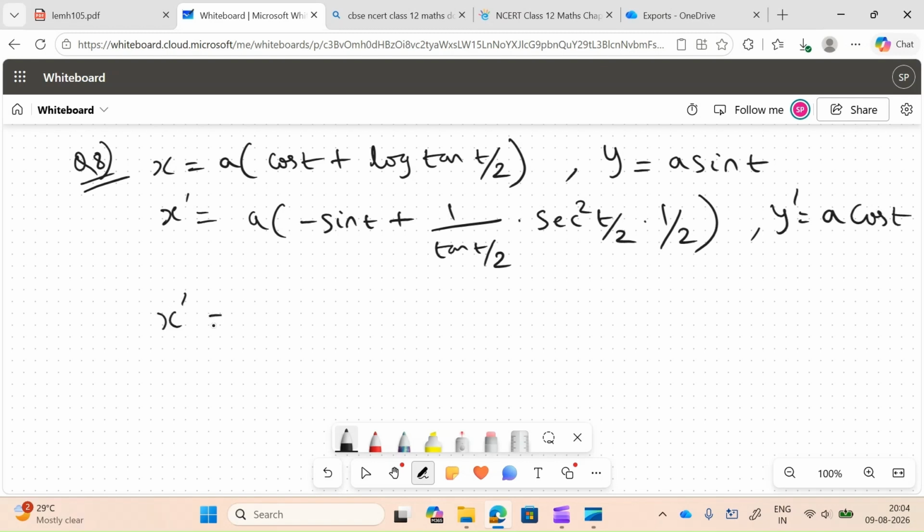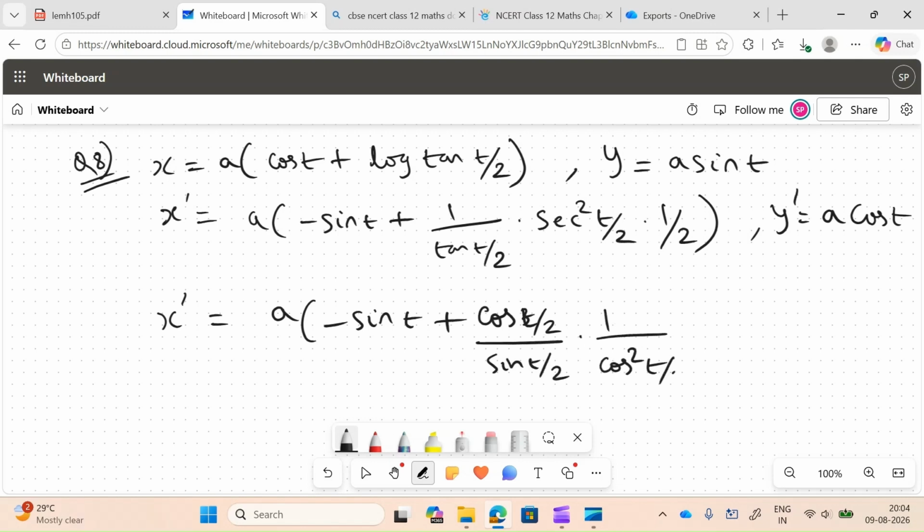Understood? So x dash will be a of minus sin t plus 1 by tan t by 2, which is cot t by 2. You can write that as cos t by 2 by sin t by 2. Secant square t by 2 can be written as 1 by cos square t by 2, times 1 by 2 is there.